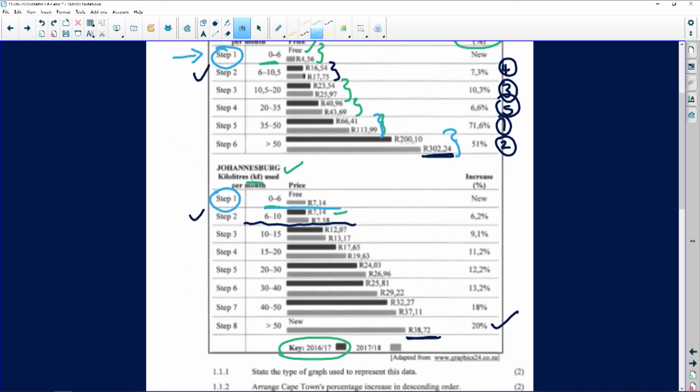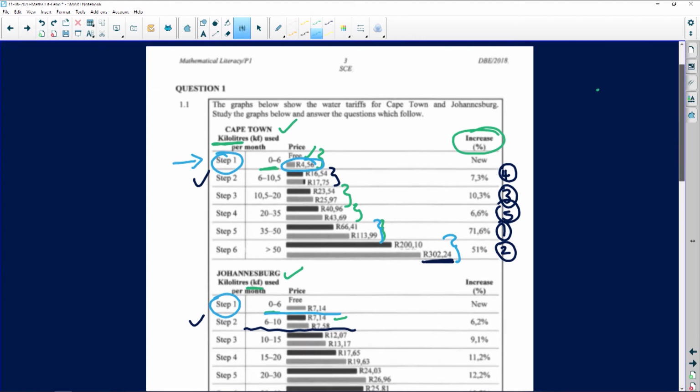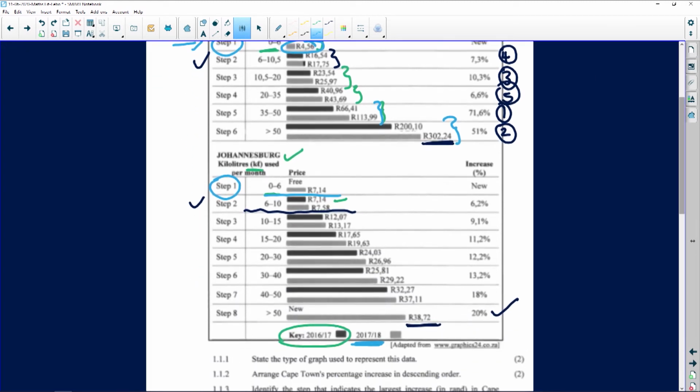Look at that. 2017, 2018. So we know it's going to be the lighter one. Oh, definitely it's the lighter one. So we are going to be using this particular one. Okay? So we are looking, sorry about that, for Johannesburg and not Cape Town. So we are going to be looking at this particular one over here.